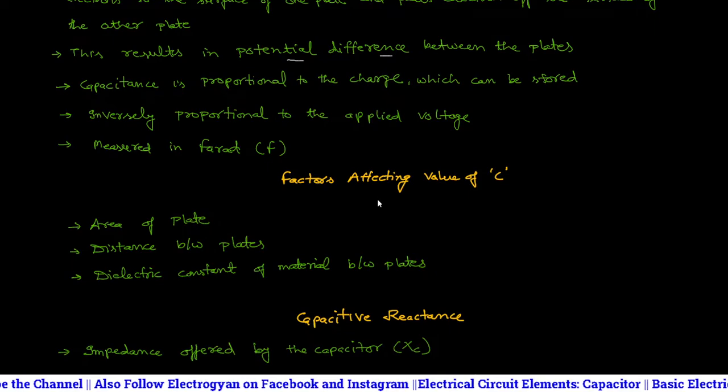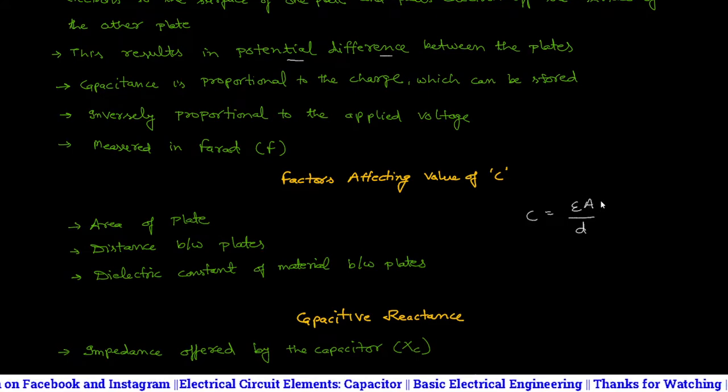Now the parameters which affect the value of the capacitance: the first is the area of the plates, the second is the distance between the plates, and the third is the dielectric constant of the material between the plates. So C can be written as C is equal to epsilon A upon D. If the dielectric constant is more, then capacitance will be more.